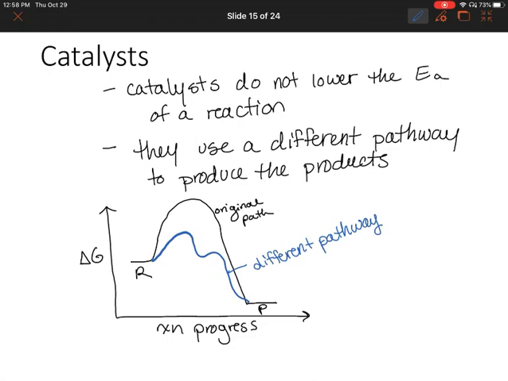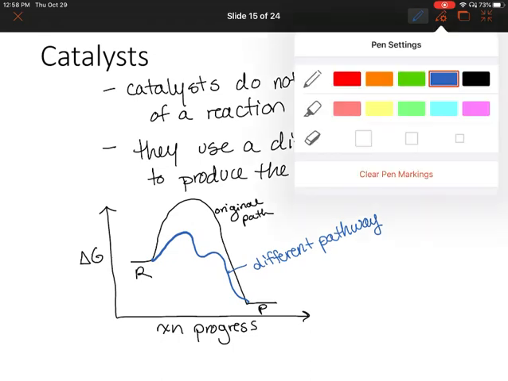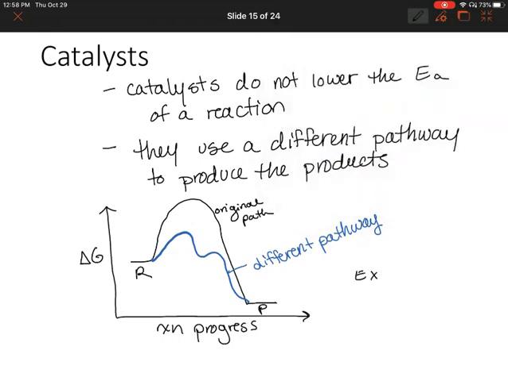So another example is in lab this week, which we're doing online. We're performing a biosynthesis of ethanol from molasses, and we use yeast enzymes in order to make ethanol. Well, the yeast enzymes are catalysts, so they create a different pathway for the reaction to occur. So let's just write that down.